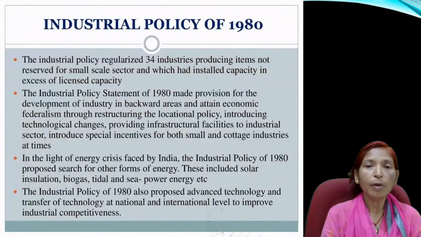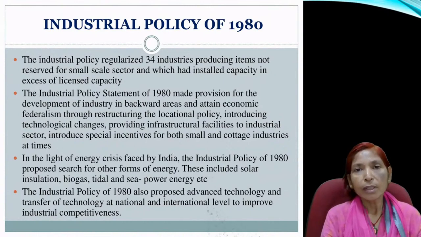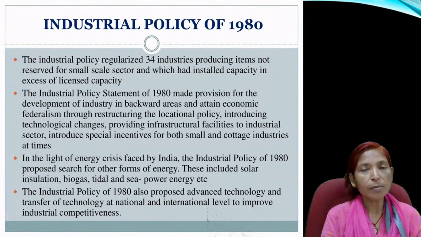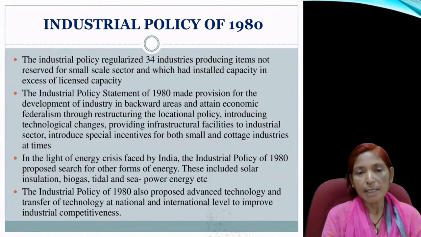Now next is the industrial policy of the 1980s. The industrial policy regularized 34 industries producing items not reserved for small scale industries and which had installed capacity in excess of licensed capacity.